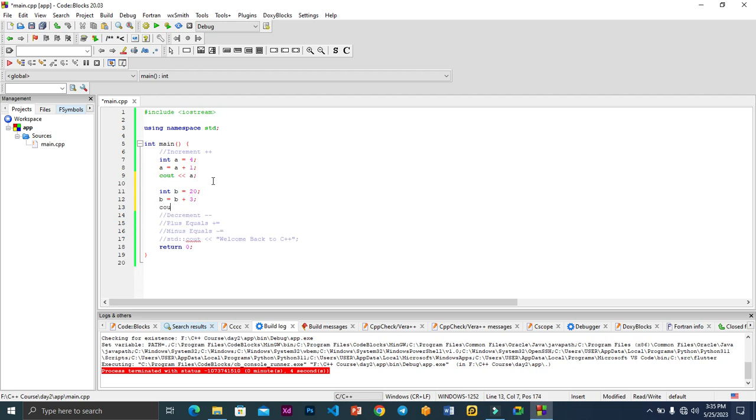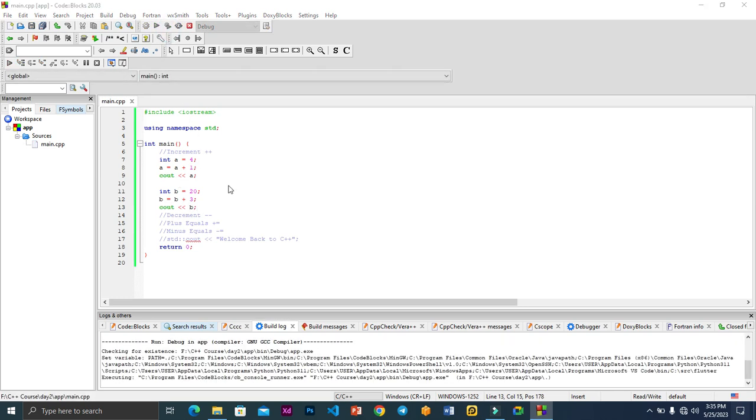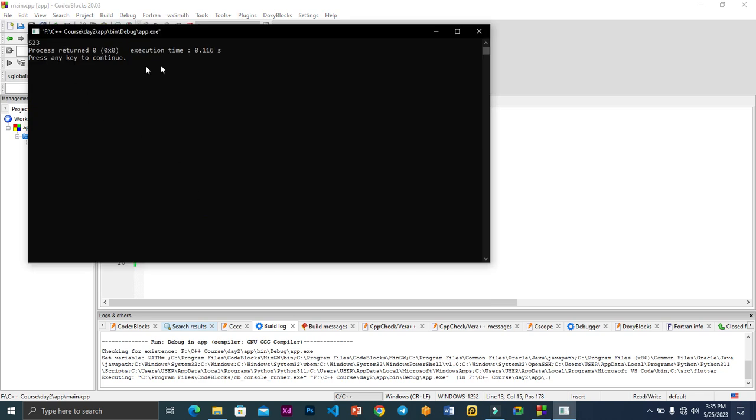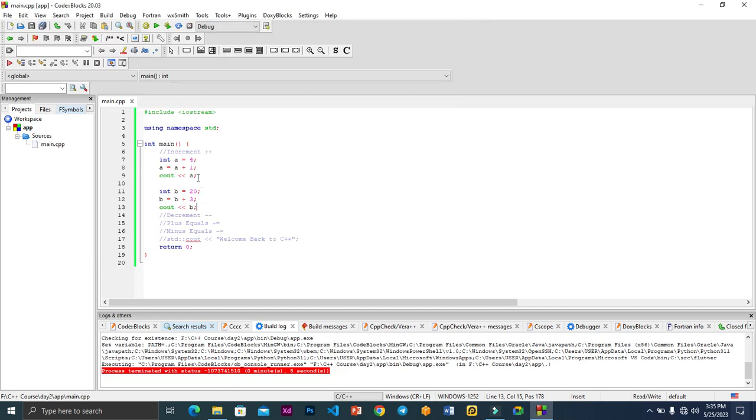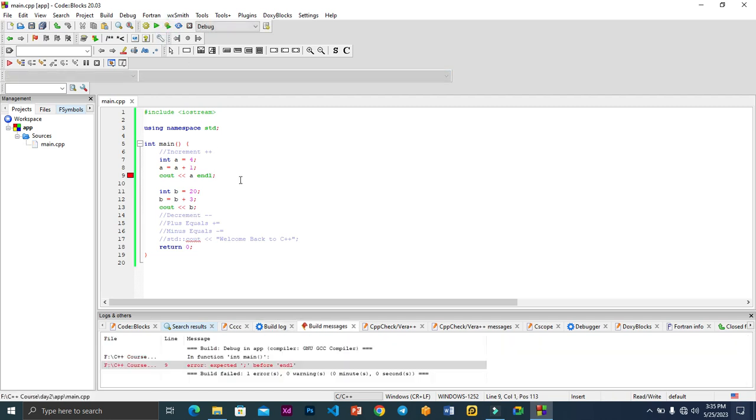Now we can say cout b, and now when we run it, we will have 5 and 23. The first one is 5, and then the next one will be 23. So let me end this line so that we can see the differences.